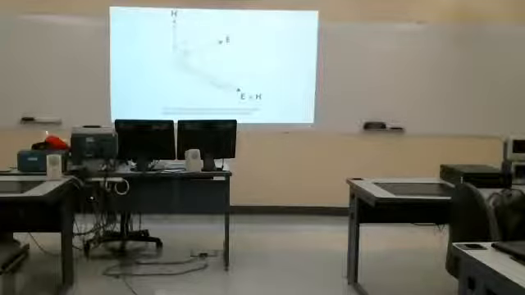Well, when the propagation is in the plus z direction. For propagation in the minus z direction, the minus signs in front of the beta z actually become plus signs.